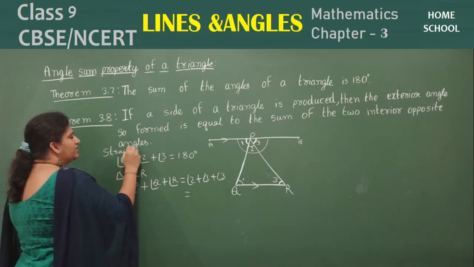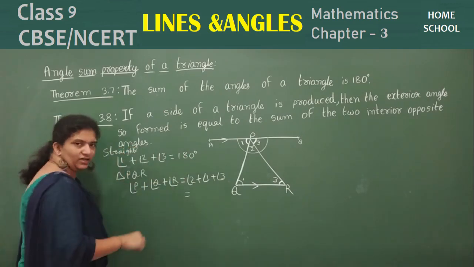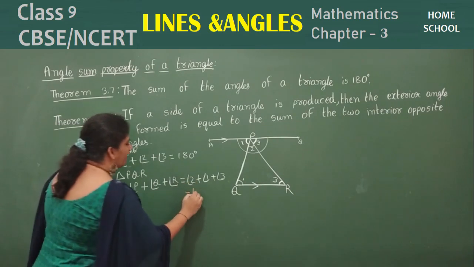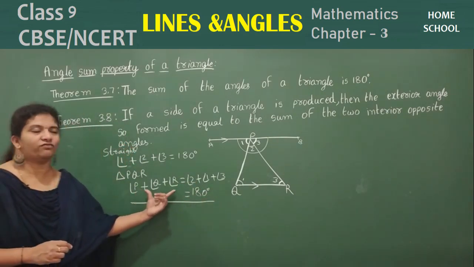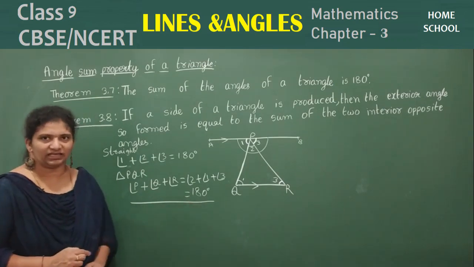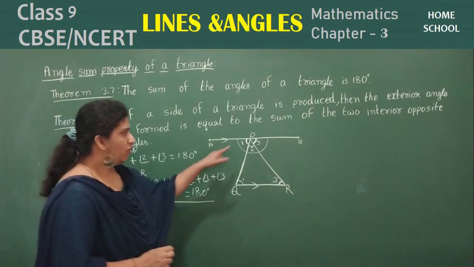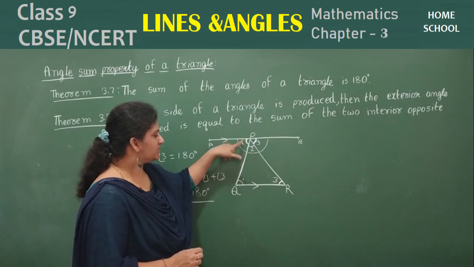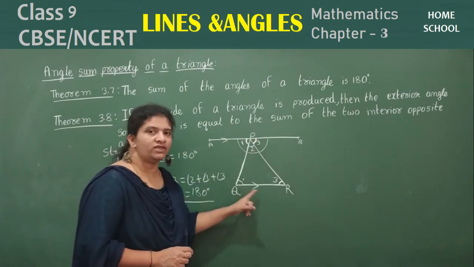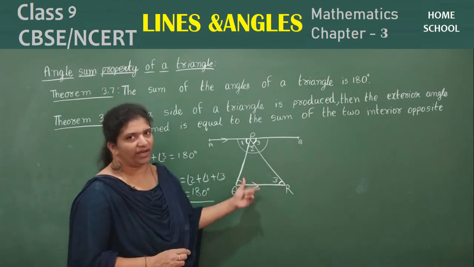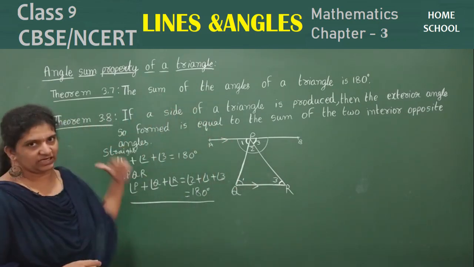I know that the sum of the angles will be 180. So the same thing if I substitute, I get that the sum of the angles of a triangle is 180 degrees. Okay, 1, 2, 3. 1 is alternate here and 3 is alternate here. We got the sum of the interior angles of a triangle is 180. That is your first statement.